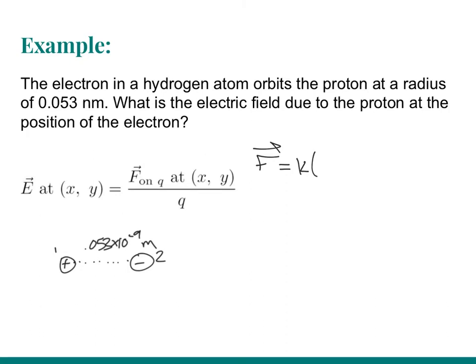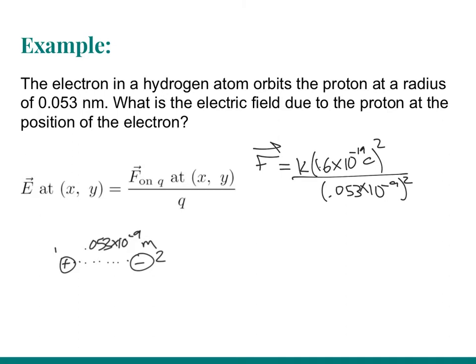K times Q1, which is the charge of a proton, so 1.6 times 10 to the negative 19th coulombs, times charge 2, which the charge of an electron is also 1.6 times 10 to the negative 19th coulombs, just negative. So I'm going to make that squared, divided by the radius between them squared. So 0.053 times 10 to the negative ninth squared. All right, so that is our force.